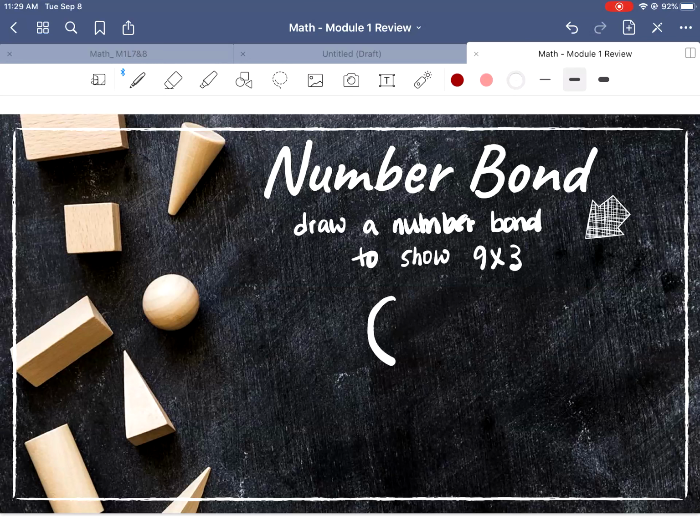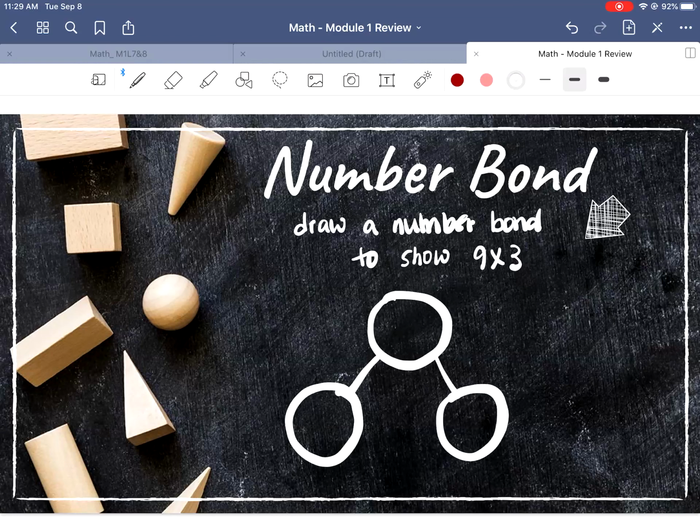For a number bond, I usually draw 1 big circle on top, and I draw 2 circles, or 2 bubbles, like this. And I write down this equation first because that's the total, and I'm going to use my number bond to break my number 9 into smaller units.